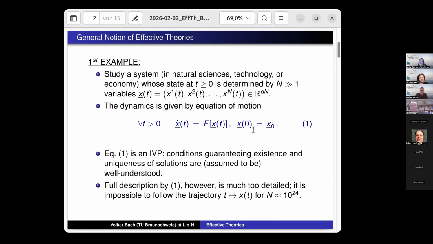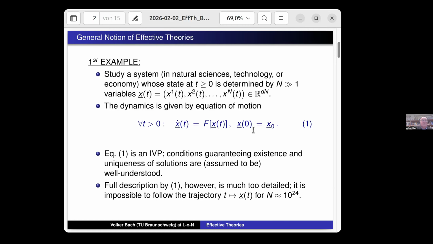So we have a system that we want to study, and the state of the system is determined by a large number of variables. I have n variables that I put together in a vector x, and the state at time t, non-negative, is given by x of t.